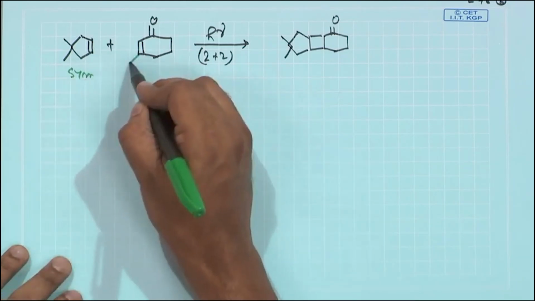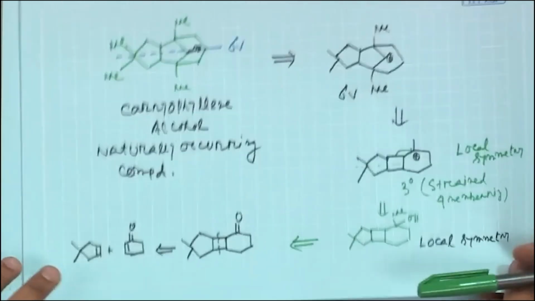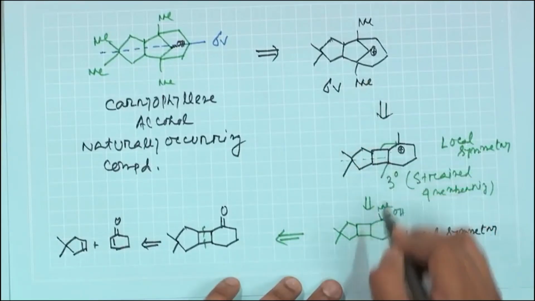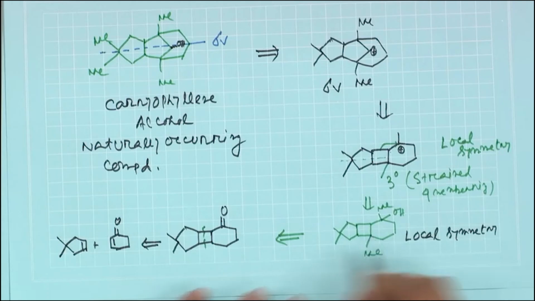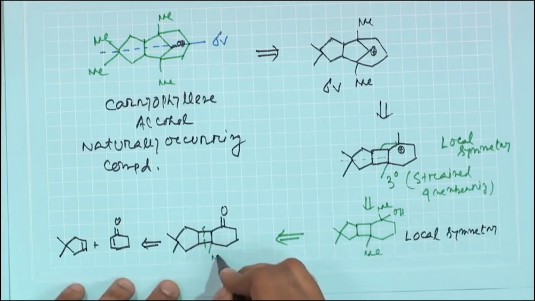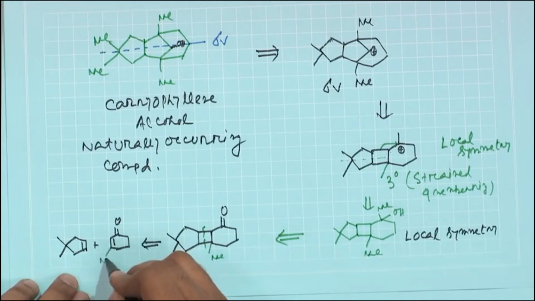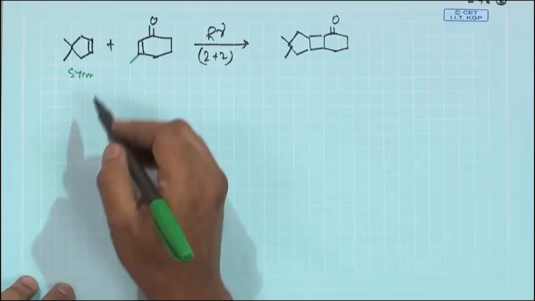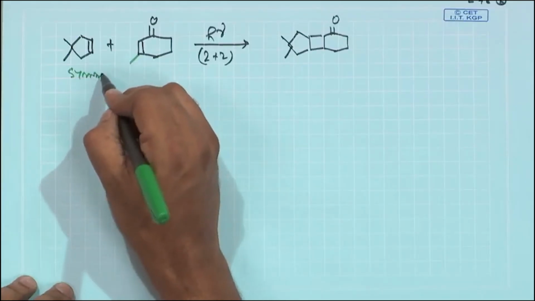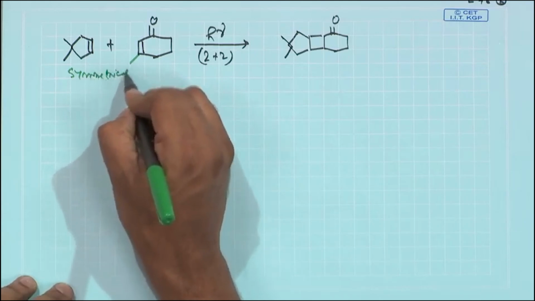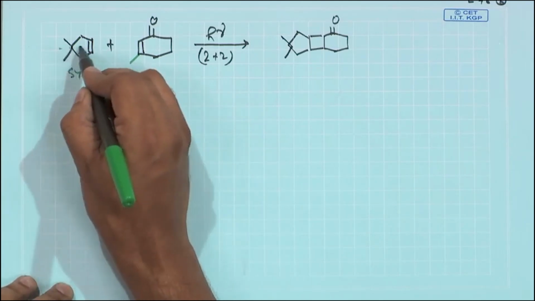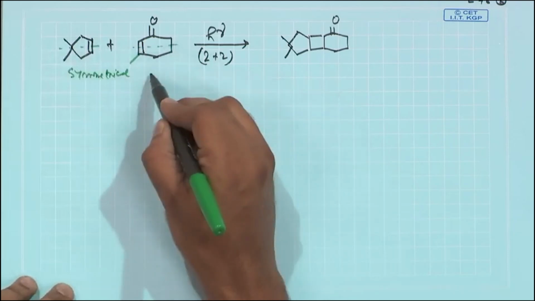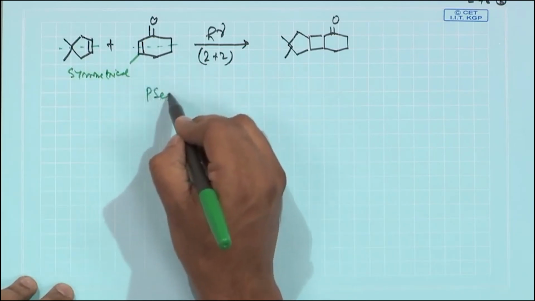As our synthesis was basically having an extra methyl group, I have missed all the methyls here, it will be methyl here, methyl here. So, the starting material is basically having methyls here. Now, this part is perfectly symmetrical, and this part is not perfectly symmetrical, this part is pseudo symmetrical.